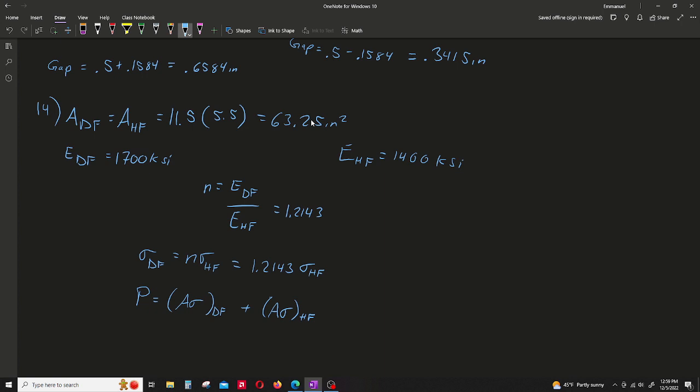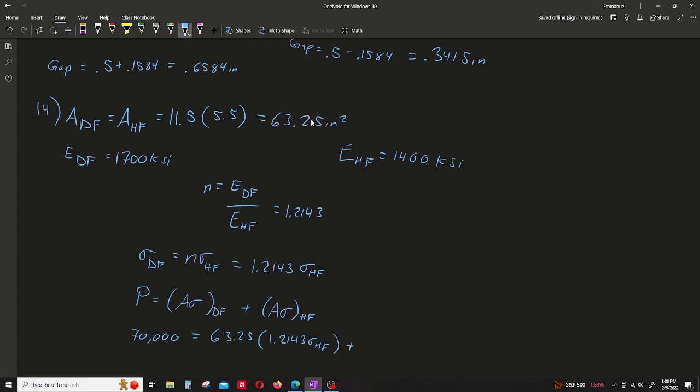which they give us P. They say it's a 70,000-pound load. So that's 70,000, and that's going to equal, we know the A for both of them is 63.25, multiplied by sigma. And sigma DF is 1.2143 sigma HF.